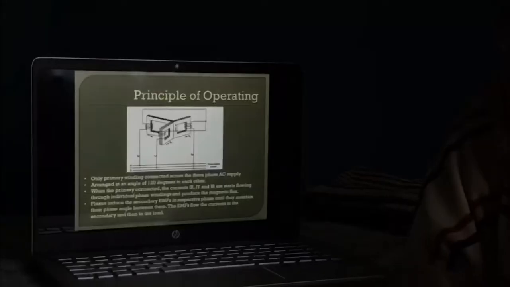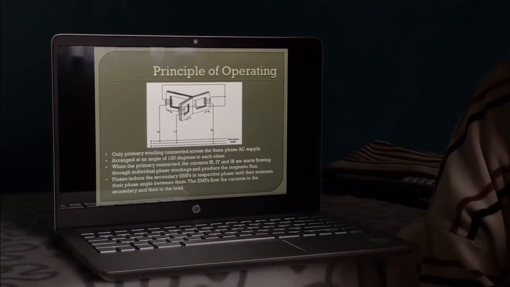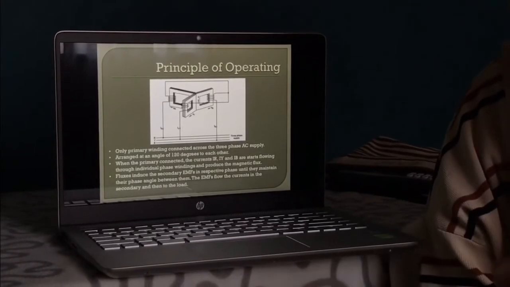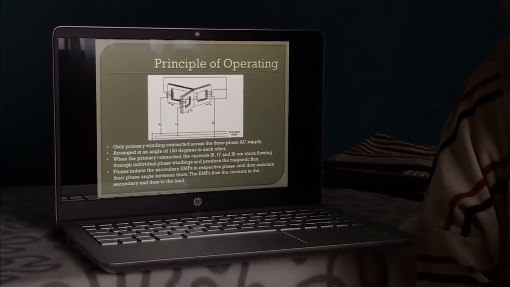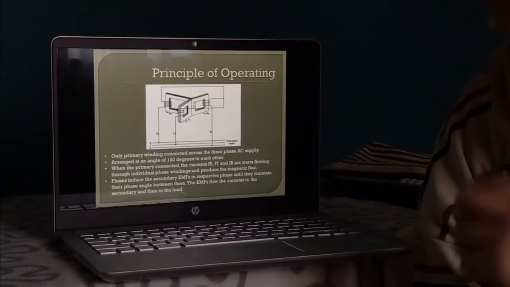Okay, next we are going to talk about how the three-phase transformer operates. The principle of operation is that only the primary winding is connected across the three-phase AC supply. The windings are arranged and angled at 120 degrees to each other.